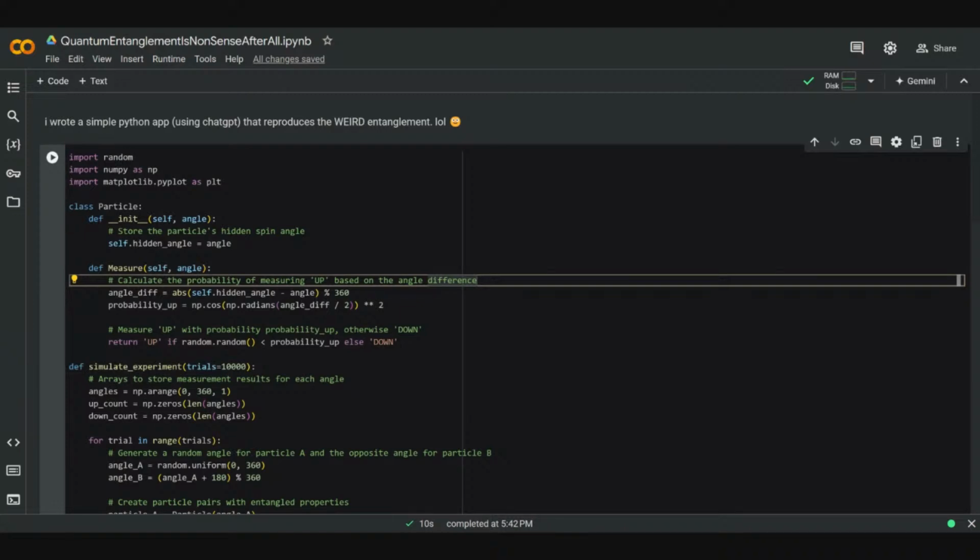So it's cosine, that I already thought of, because if it's up and you measure up, you want to get 1. So that's fine. At 90 degrees, you want to get 50%.